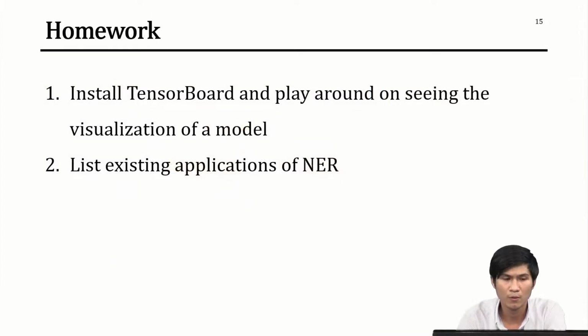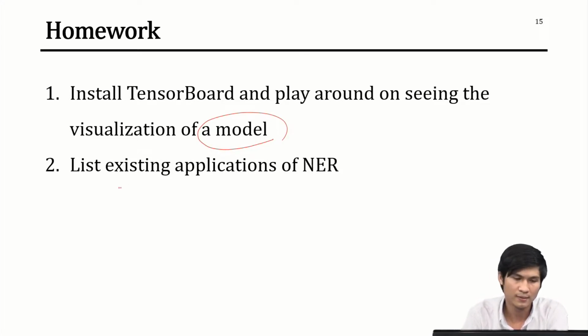And here's the homework for this lecture. You can install TensorBoard and then try to play around and see the visualization of a specific model. In here, you can use any selected model. And next, try to find some existing applications of NEO, like we see in Gmail.